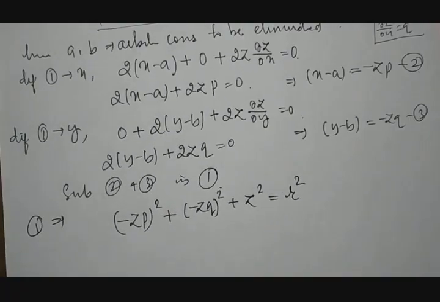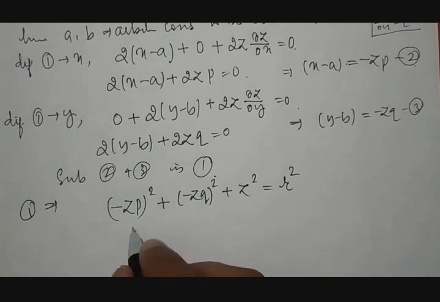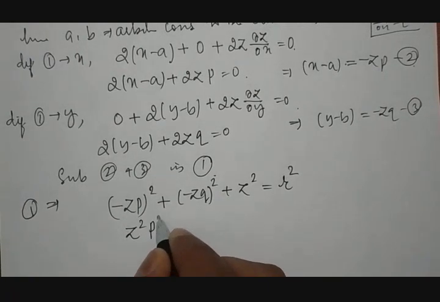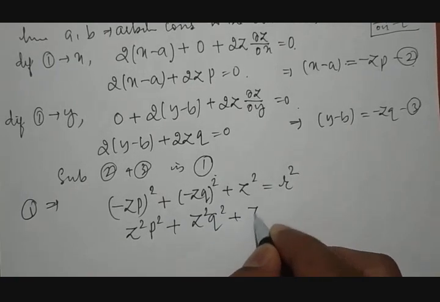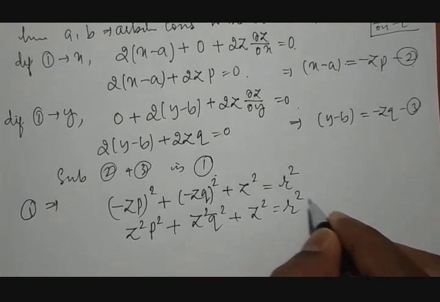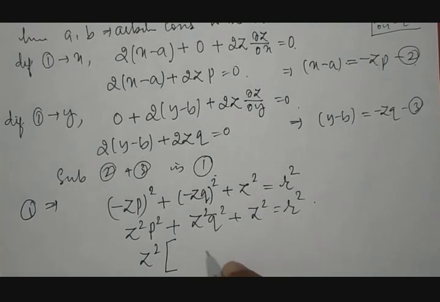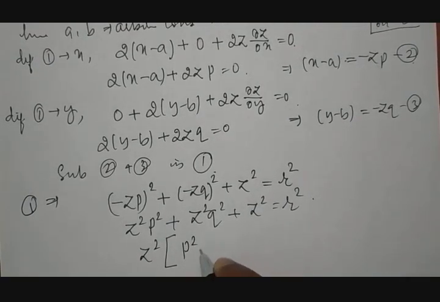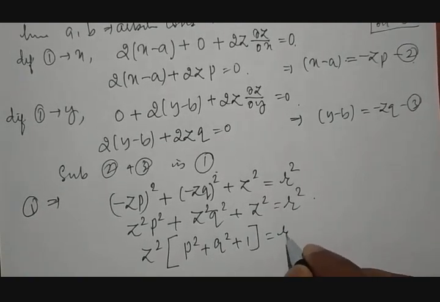Since minus sign comes under the square, it becomes plus, so z square p square plus z square q square plus z square is equal to r square. Let us take z square common: z square into p square plus q square plus 1 is equal to r square.